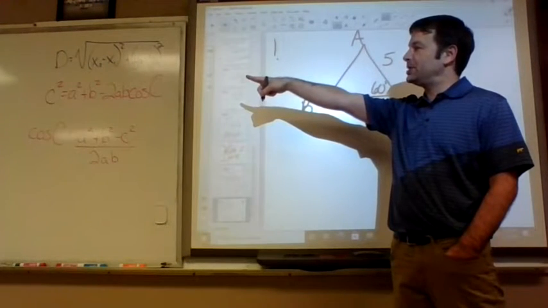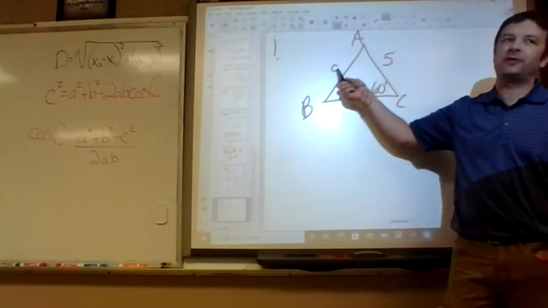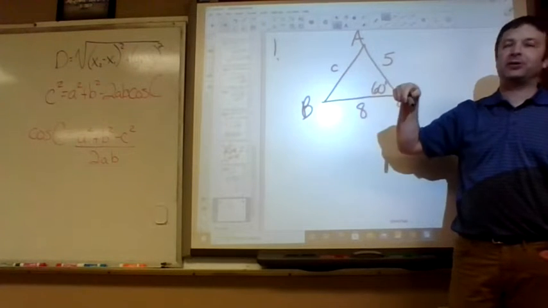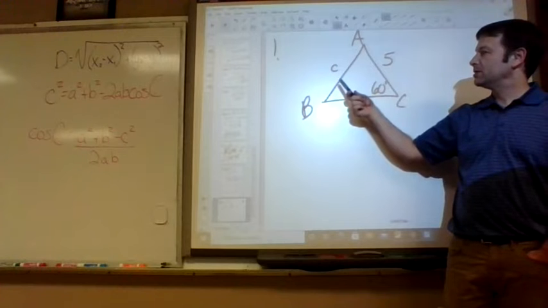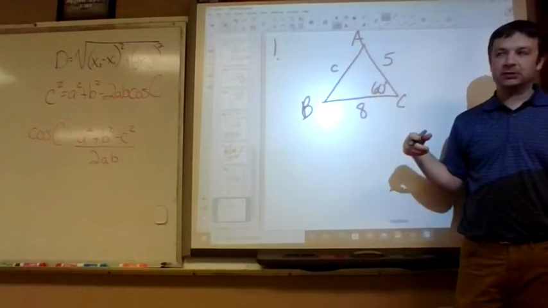So c squared, I'll call it, yeah. In this case, they start us off nice. The side we're looking for is actually called c. Wait, do we not have to do the sine 60 stuff? Why would you erase that? Because I was just showing you can't use law of sines to solve this.